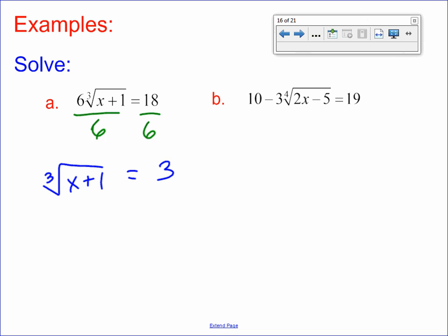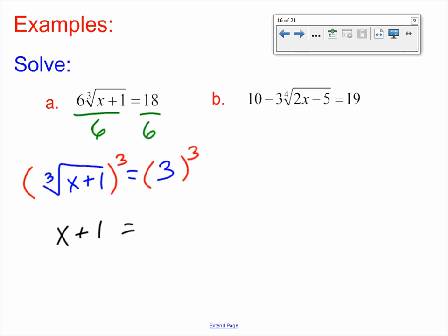And now we're going to undo that radical. If we consider that cube root as a 1/3 power, we could raise both sides to the reciprocal exponent, the 3/1 power. In other words, we're going to cube both sides to undo a cube root. So when I cube a cube root, I get the quantity x plus 1 outside of the radical, where I can deal with it.